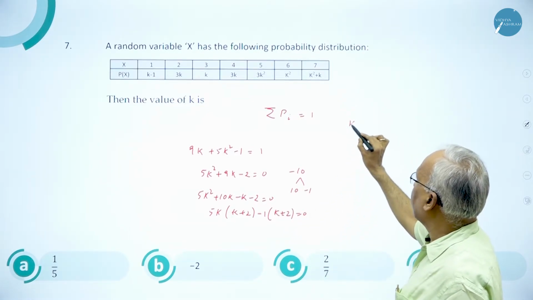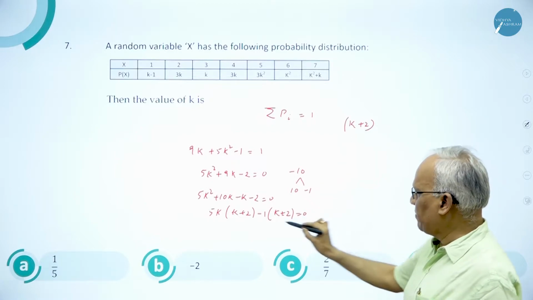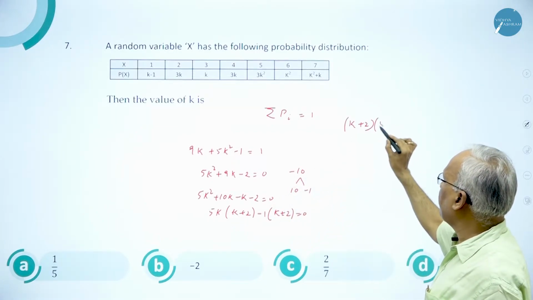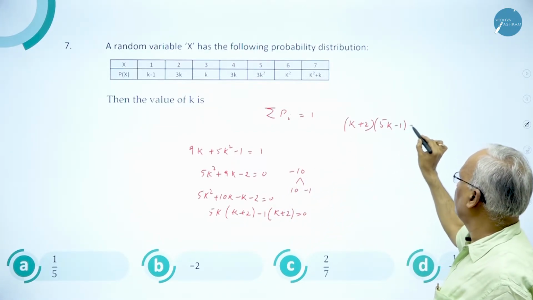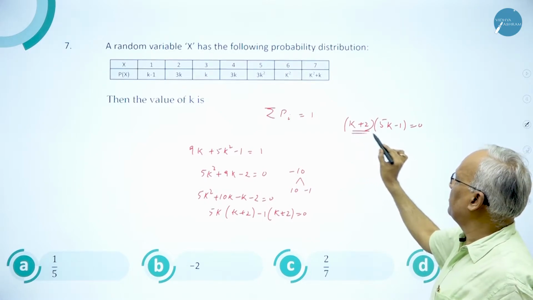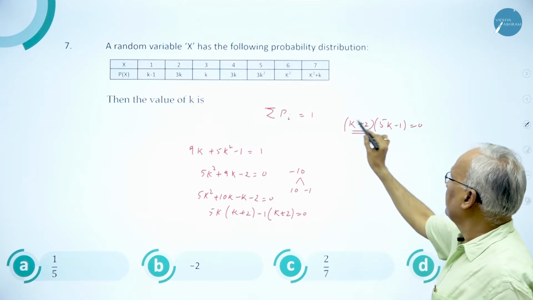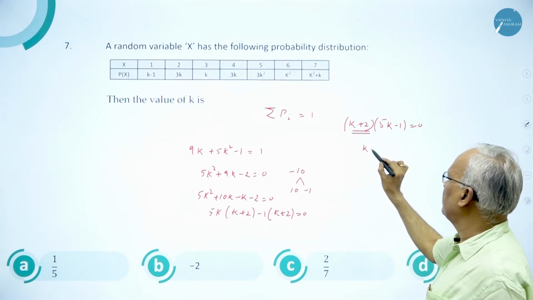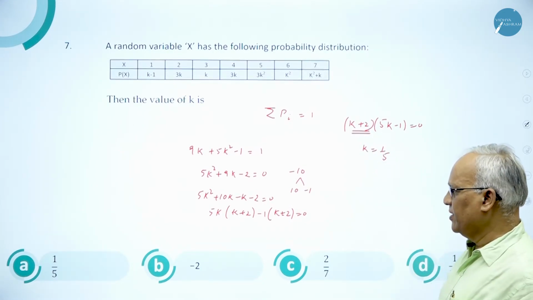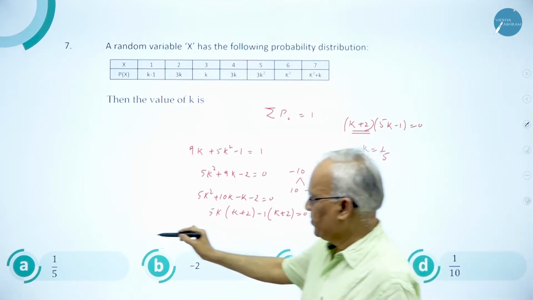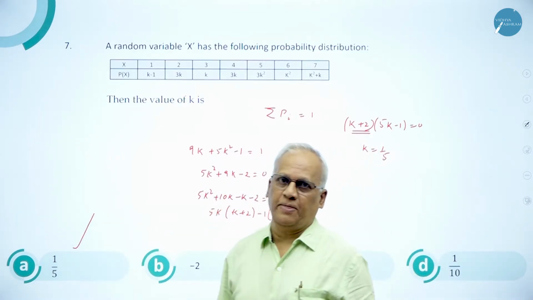So k plus 2 is a common factor, into 5k minus 1 equal to 0. So minus 2 is not possible, because k cannot be negative, since some of the terms would be negative. So k is equal to 1 by 5. The answer is this. Okay.